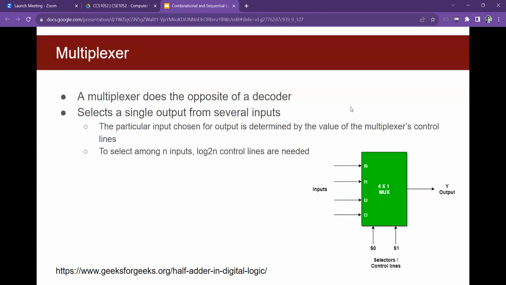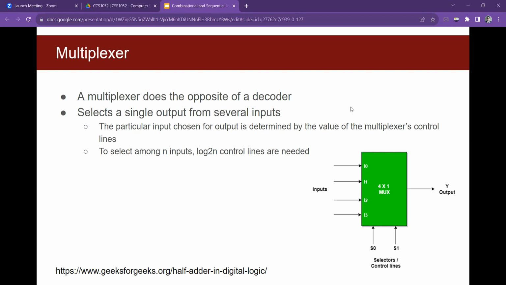But in a multiplexer, the theory is a bit different, right? It will always have only one output, but there are control lines. And control lines and inputs have a relationship. If there is one control line, then there will be only two inputs.